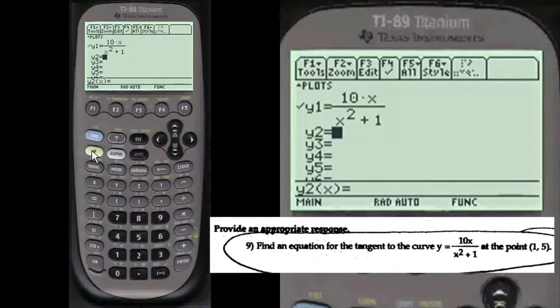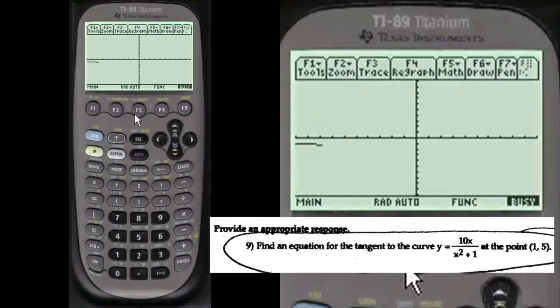And we're going to graph it. That's the yellow key, and up here says graph. So we're going to graph it.